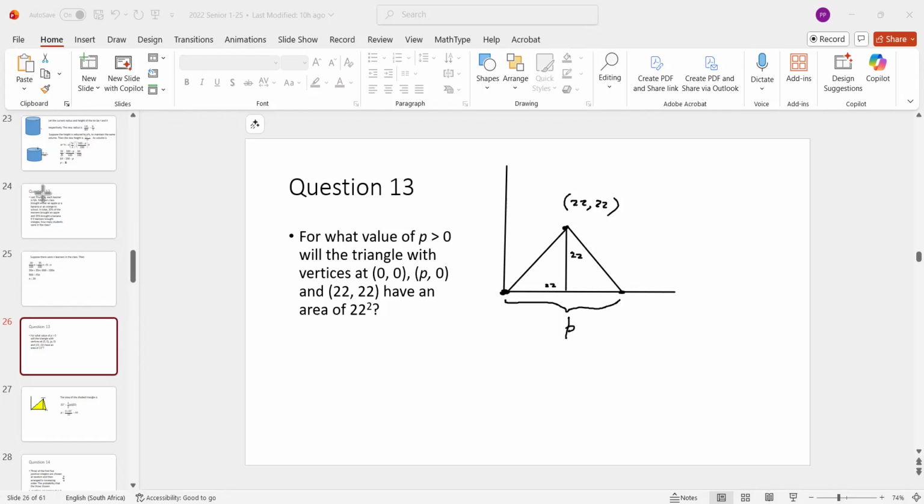And the area of this triangle is 22 squared. Now, in this figure, you can see what the area is going to be quickly. The area is actually equal to half base. The base is p.